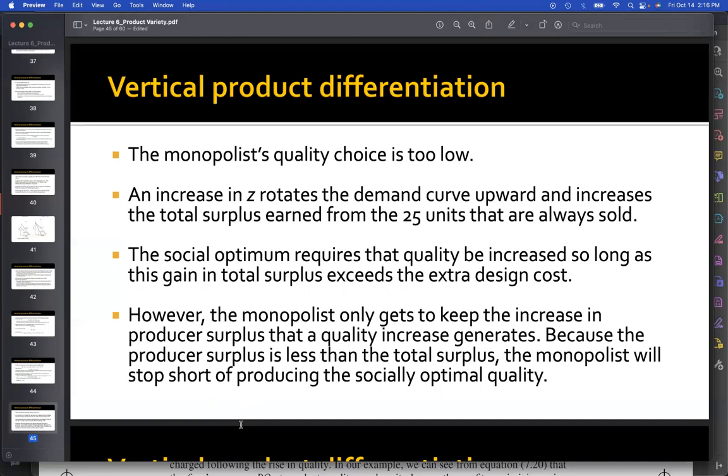The social optimum requires that the quality be increased so long as the gain in total surplus exceeds the extra design cost. However, the monopolist only gets to keep the increase in producer surplus that the quality increase generates, because the producer surplus is less than the total surplus. The monopolist stops short of producing the socially optimal quality.